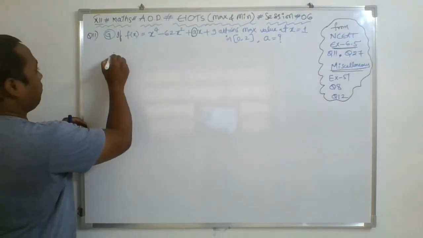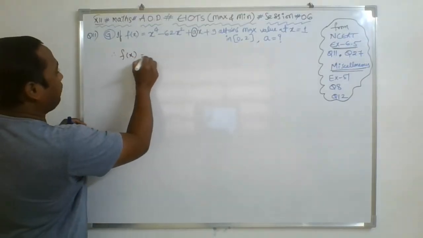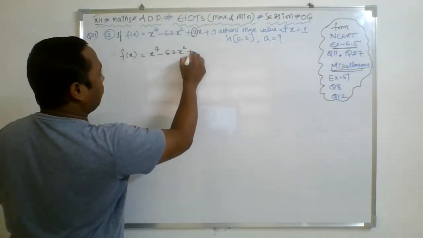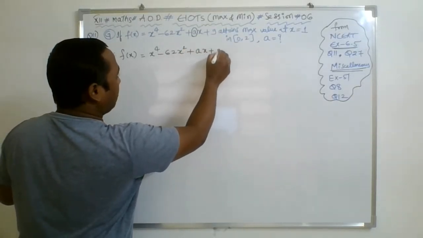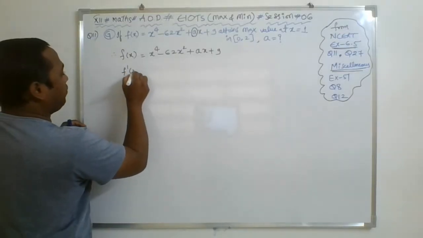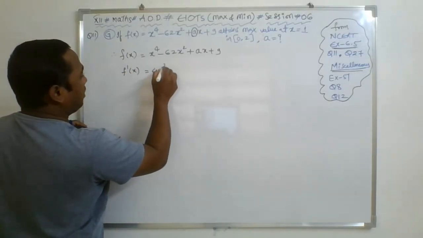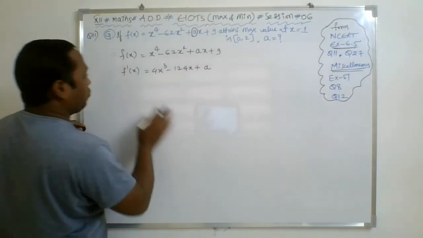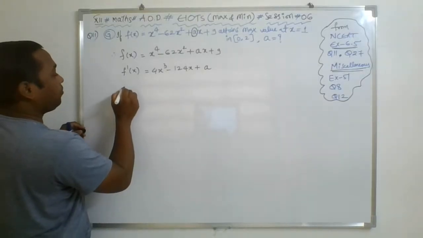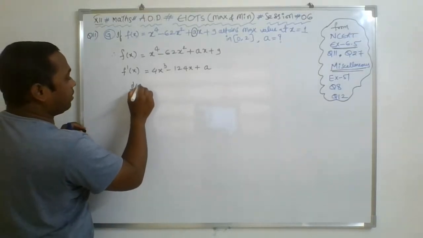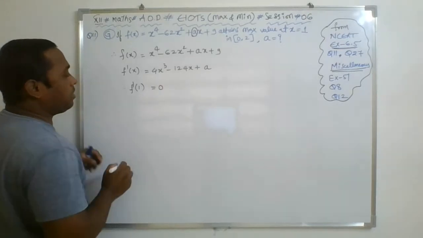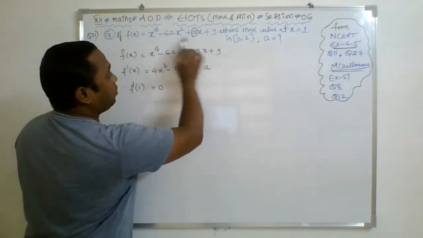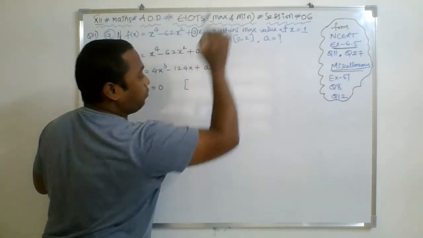The function is given as f of x is equal to x to the power of 4 minus 62x square plus ax plus 9. And the derivative of this function is 4x cube minus 124x plus a. The derivative of the function at x is equal to 1 must be equal to 0, because the function attains the maximum value at 1.